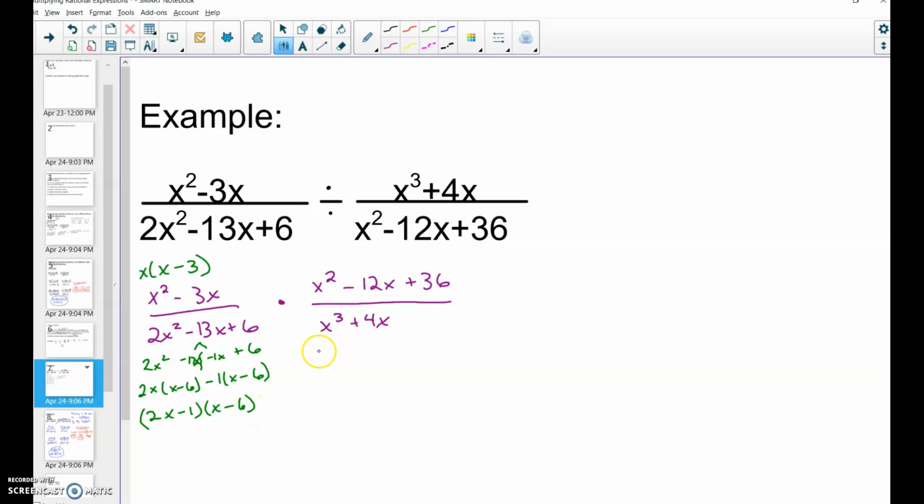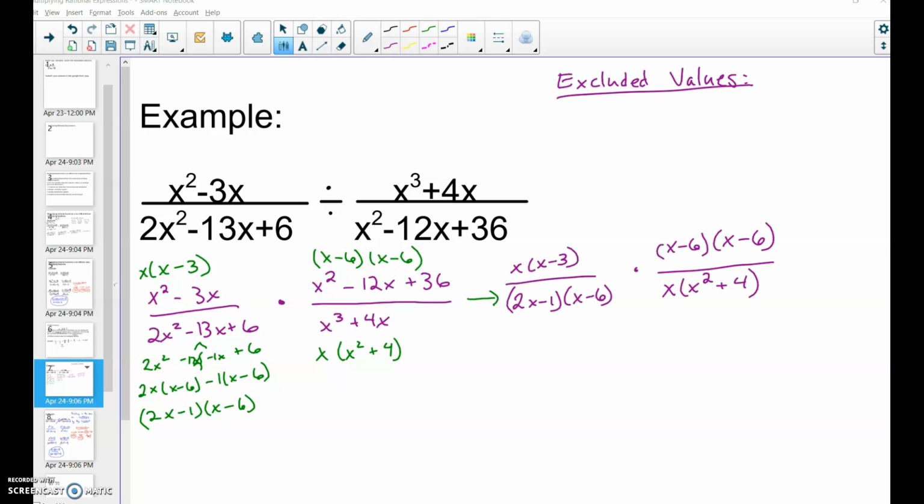For my denominator over here, I can take out an x, so I'm left with an x squared plus 4. And then I can factor this into an x minus 6 and an x minus 6. I'm going to go ahead and rewrite this so that it's a little bit neater. Okay, those are all my steps for factoring.